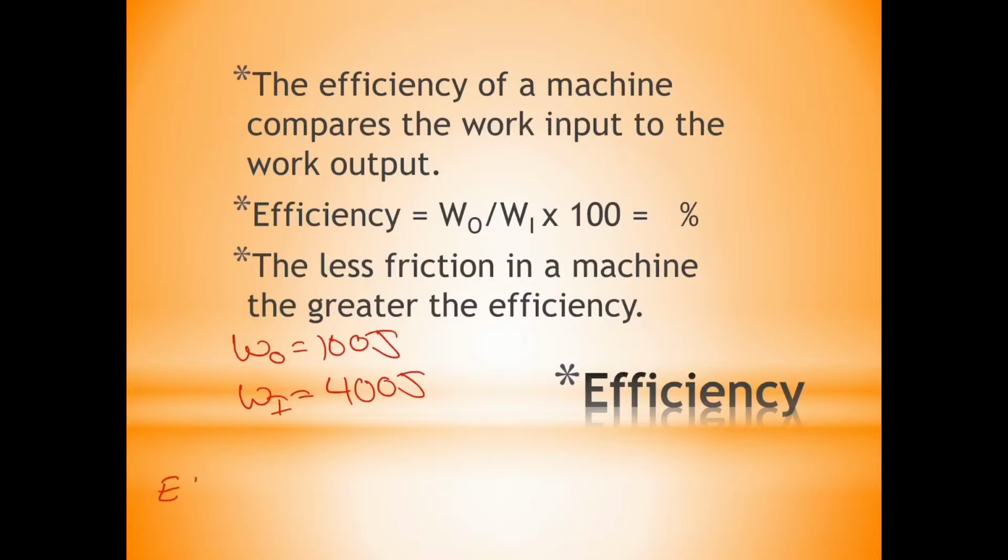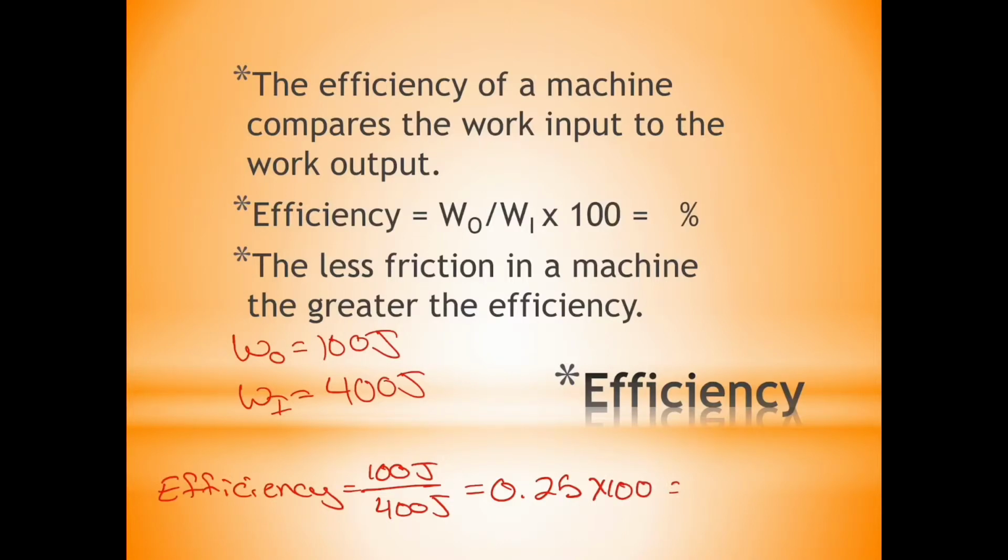So our efficiency is equal to 100 joules divided by 400 joules, which gives us 0.25. Then we have to multiply that by 100, which will get you 25%. So the efficiency of this machine isn't very good. It's at 25%.